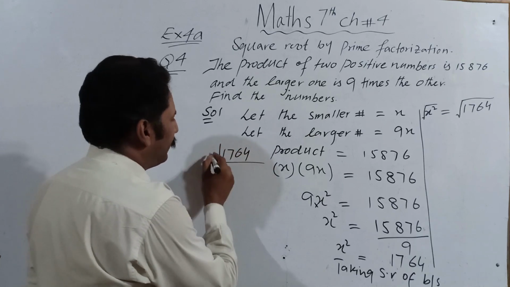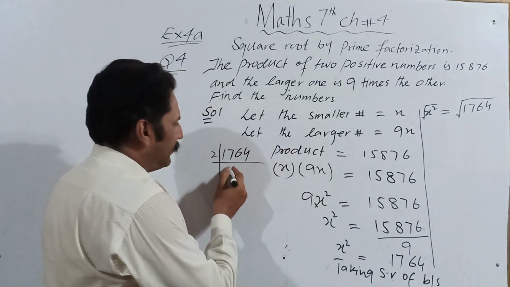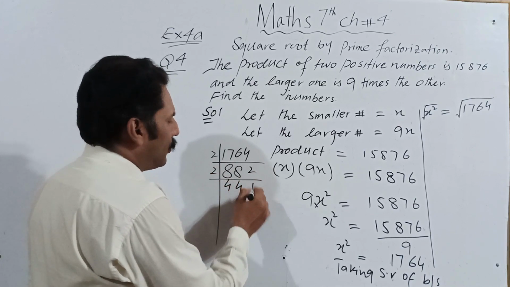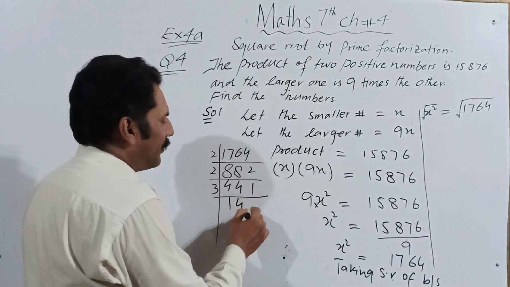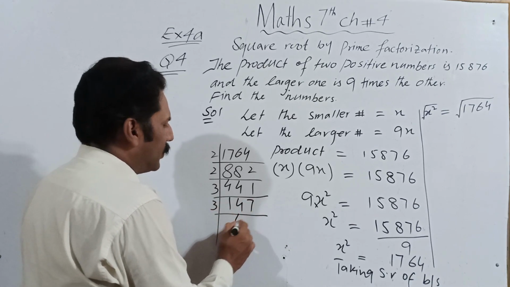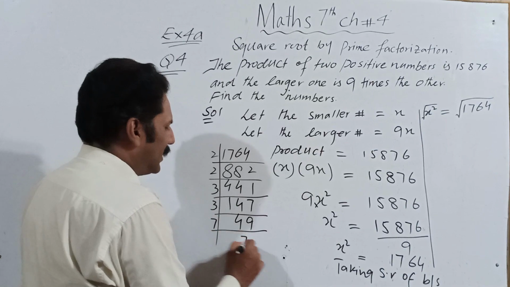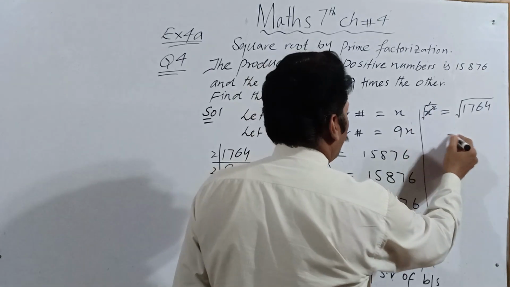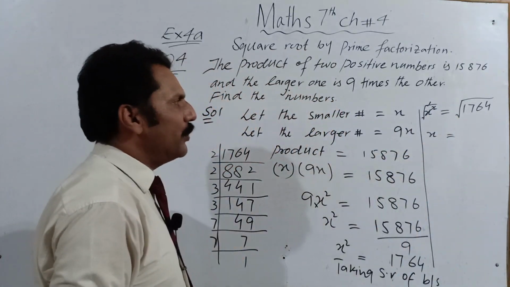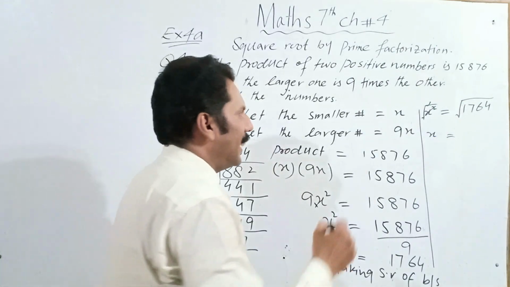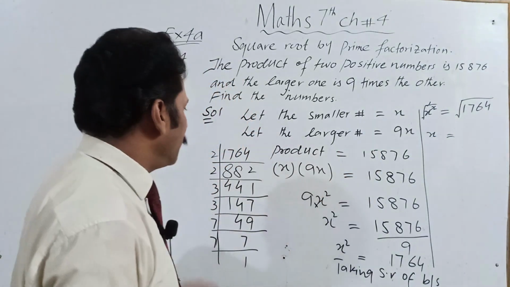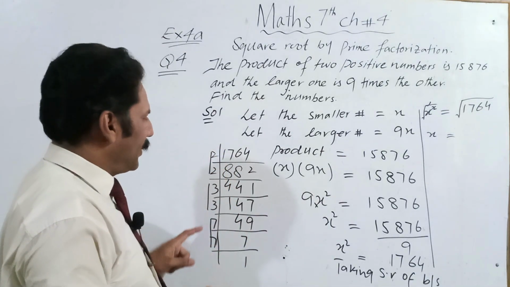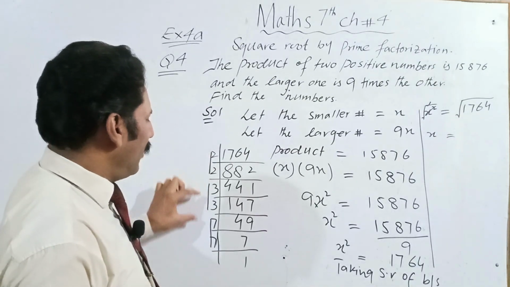Okay, if I do it, 2 8s are 16, 2 8s are 16, 2 2s are 4, again 2 4s are 8, 2 4s are 8, 2 1s are 2, 3 1s are 3, 3 4s are 12, 3 7s are 21, 3 3s are 9, then 7 7s are 49, and 7 1s are 7. The square root sign has the power 1 over 2 and the square has power 2, so both will be cancelled. The square root of 1764 we can find from here also, because there is one pair of 2, one pair of 3, one pair of 7.